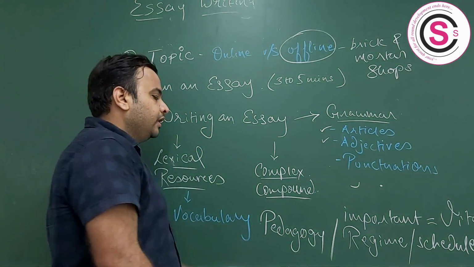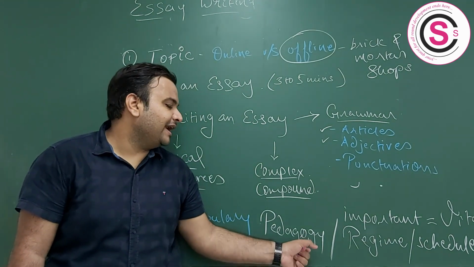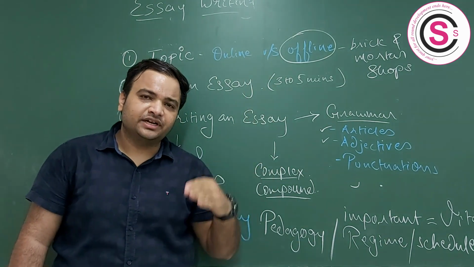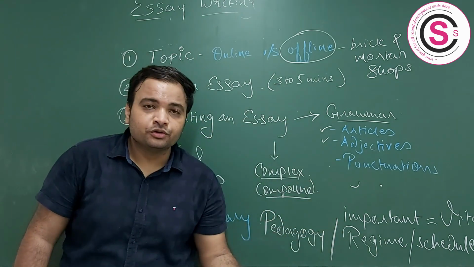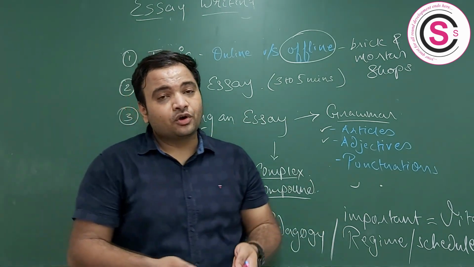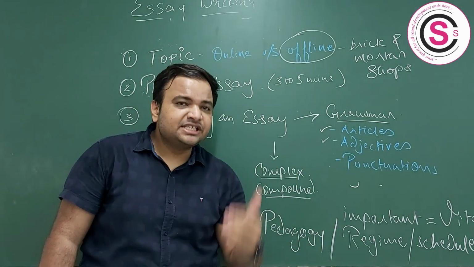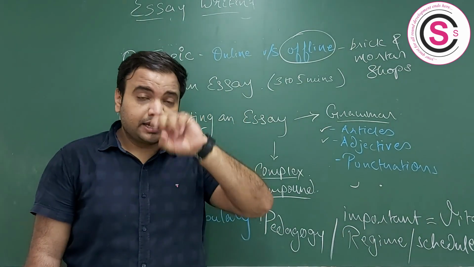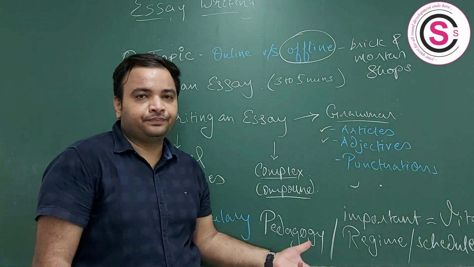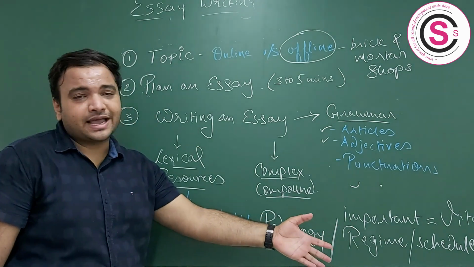These three words signify the same meaning. When I say pedagogy, it means a kind of schedule, a timetable. Regime means you wake up in the morning, in the afternoon you do this, you do that. In the evening you are going for a snack. In the late night you are reading or anything. That's your regime. That's your schedule, right? So schedule, regime, pedagogy, everything means the same, but they are different words. Altogether it's a different vocabulary.